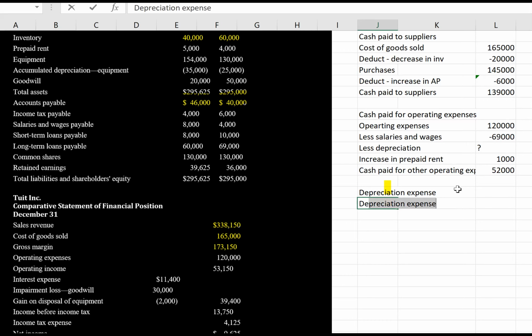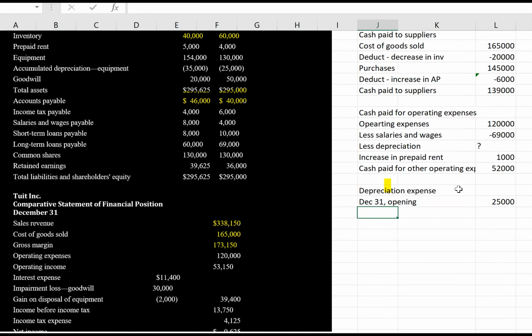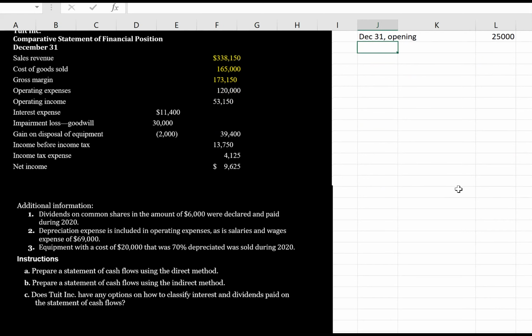So our December 31st opening was 25,000. And then did we sell any equipment, or were there any transactions that would go through? Let's just take another look at this supplemental. It says equipment with a cost of $20,000 that was 70% depreciated was sold.